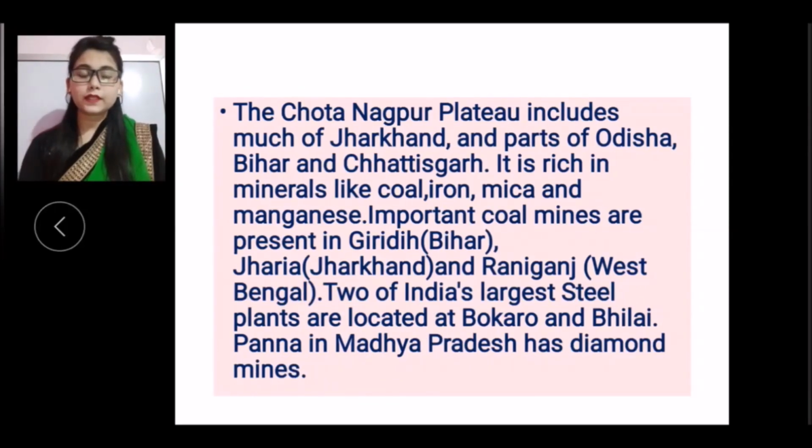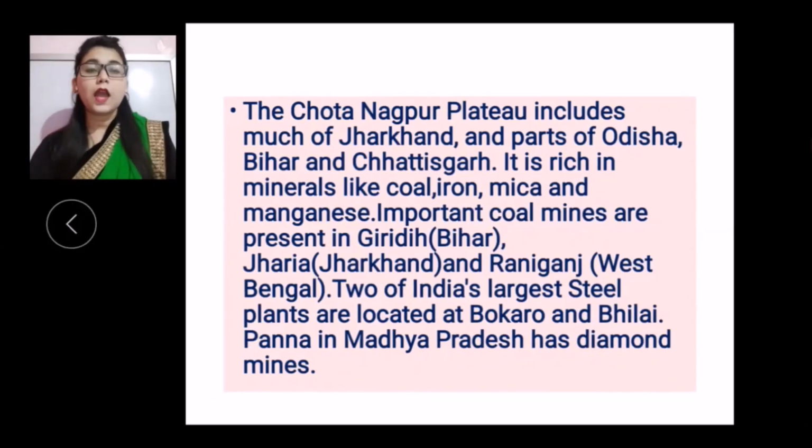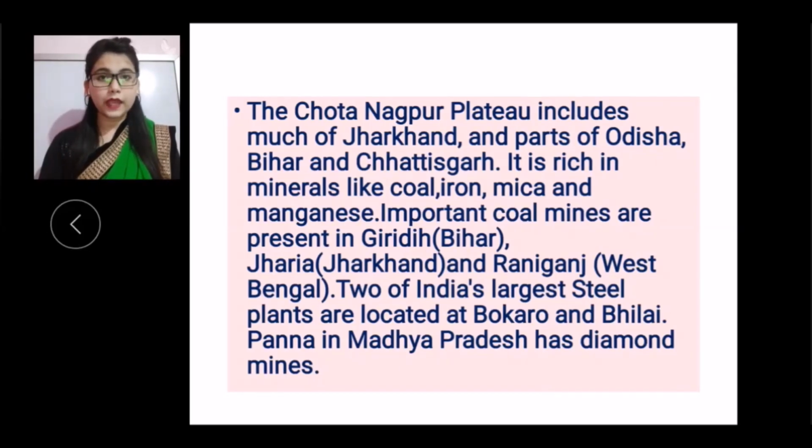Two of India's largest steel plants are located at Bokaro and Bhilai, and Panna in Madhya Pradesh has diamond mines. And students, many parts of the Chota Nagpur plateau is covered with thick forest, from where we get the wood and important forest products. Understood?